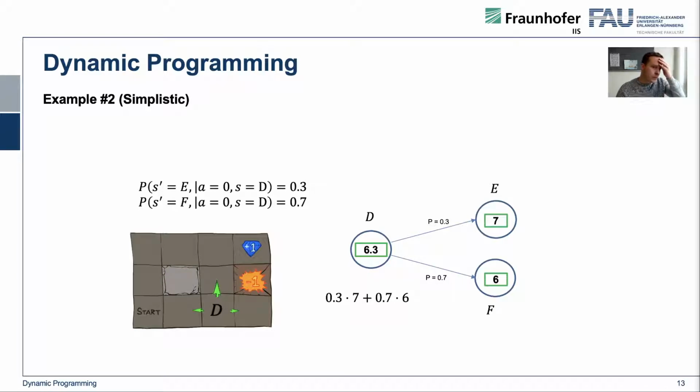For taking action A, and if there's no other action involved, the state value that I'm estimating is the percentage of times that I end up in state E times the expected value of state E, plus the percentage of ending up in F times the estimated state value of F. I think it's easy to think of, it's very natural to think about it like this.